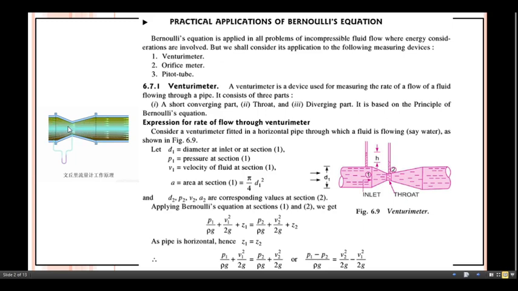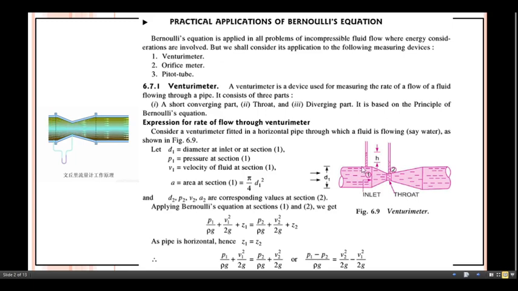As far as our study is concerned, the measurement of this flow is done with the help of this Venturimeter by applying Bernoulli's equation at the two sections. Here we consider section number 1, and here section number 2. Already we have seen d1, P1, V1, a1 are the corresponding values at section 1. Similarly, a2, P2, V2 are the corresponding values at section number 2.